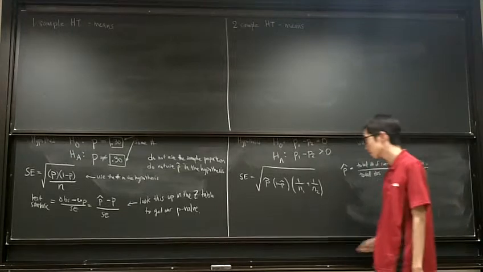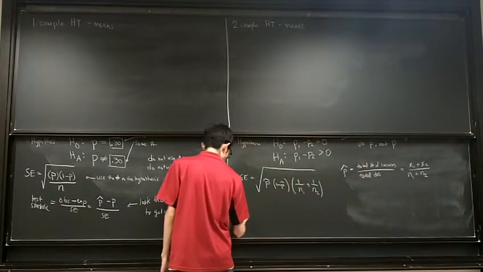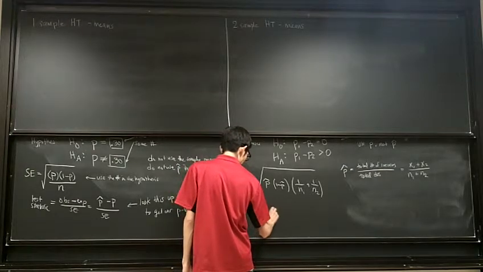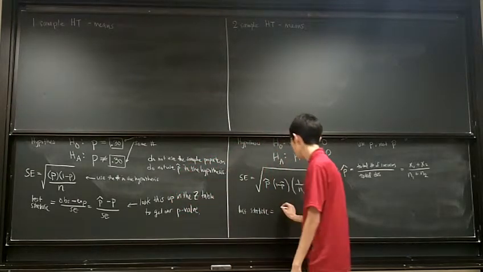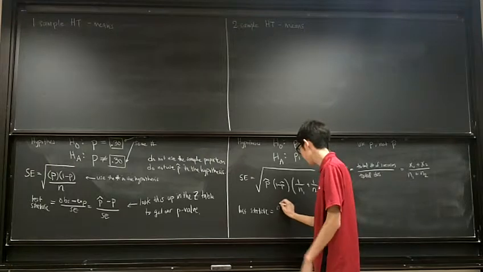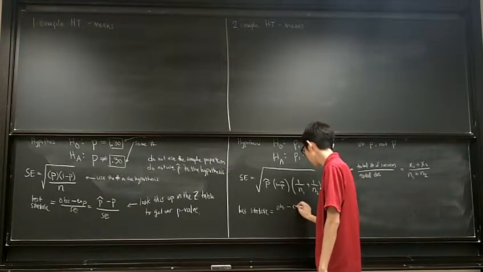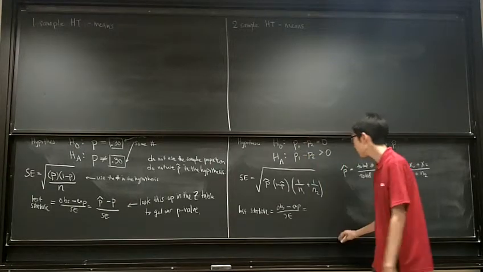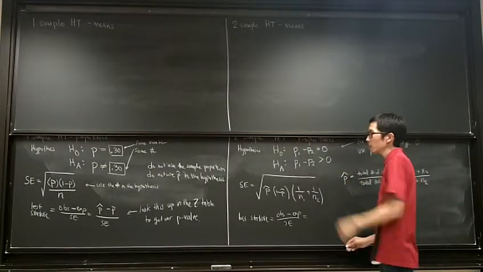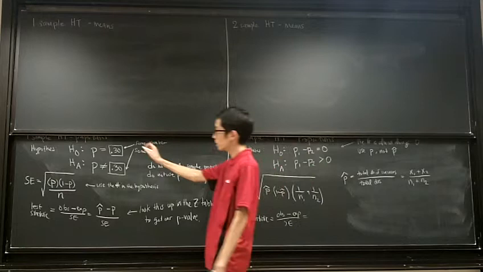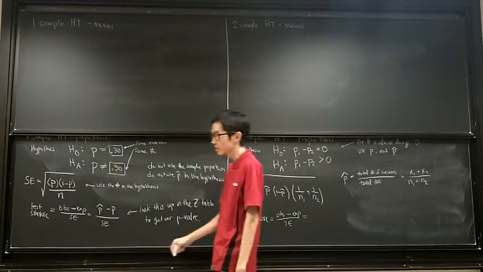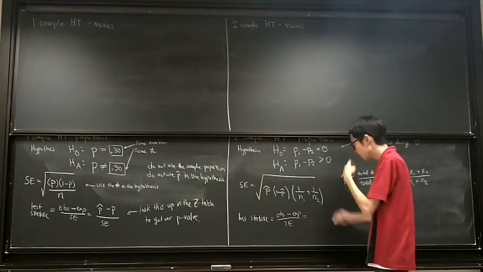Here, our test statistic again is what we observed minus expected over the standard error. Whatever is written in the null hypothesis, I'm just putting hats over these things. So here I got P1 minus P2 in the null.